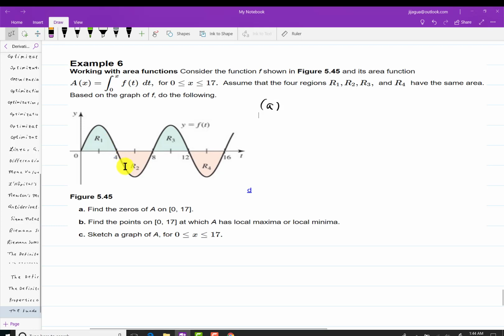So what you'd have then is, by the time you got to 8, you would have a 0. So f of 8 would be 0. Or I'm sorry, A of 8 would be 0.